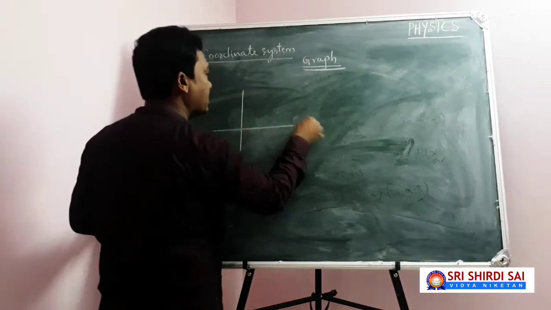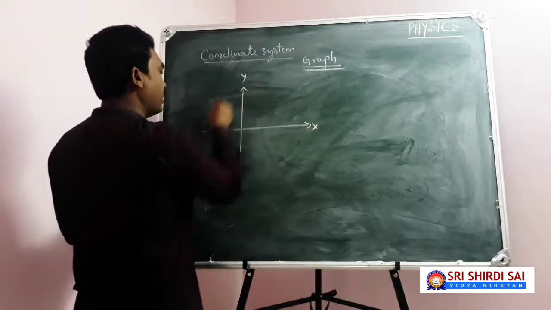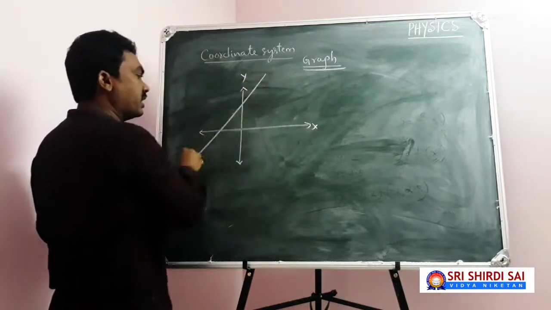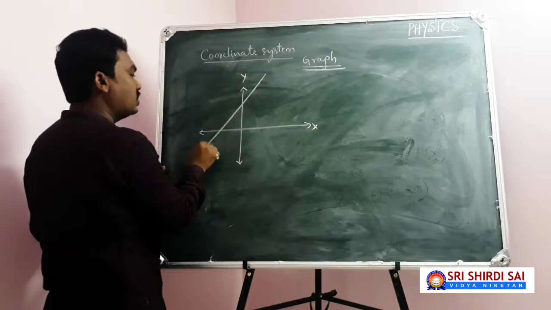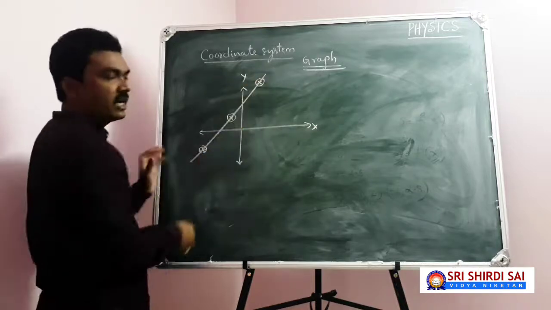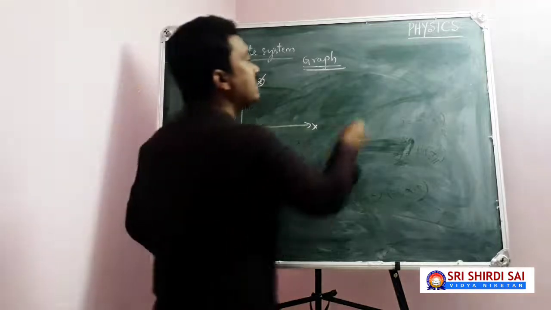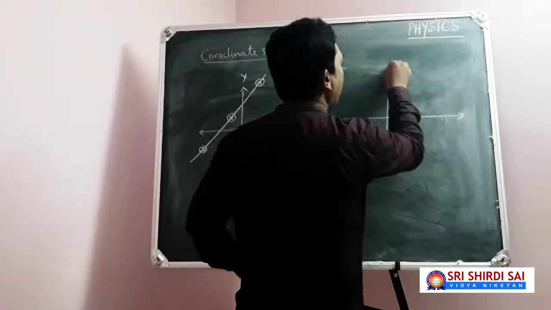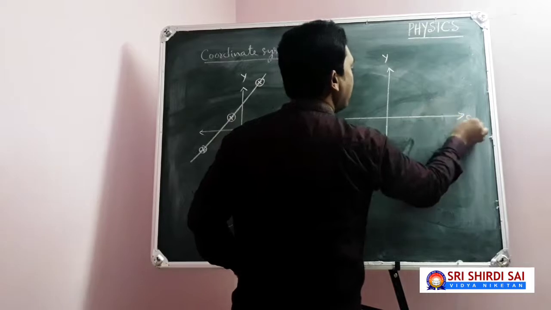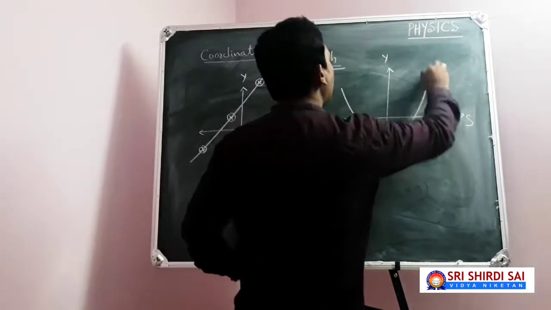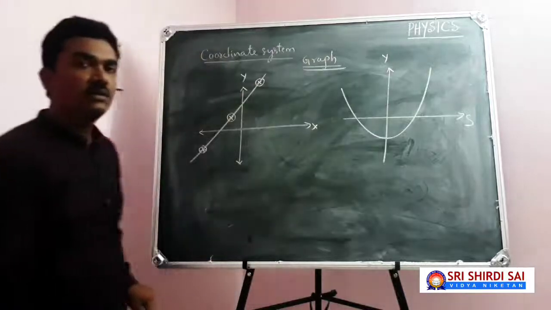Here, once look at this x-axis and this is the y-axis. For example, your graph is a straight line like this. On joining all the points in the coordinate system, you have got that your graph is a straight line. Sometimes your graph may be a curve. When it is a curve, when it will be a straight line, you will come to know. You just wait.